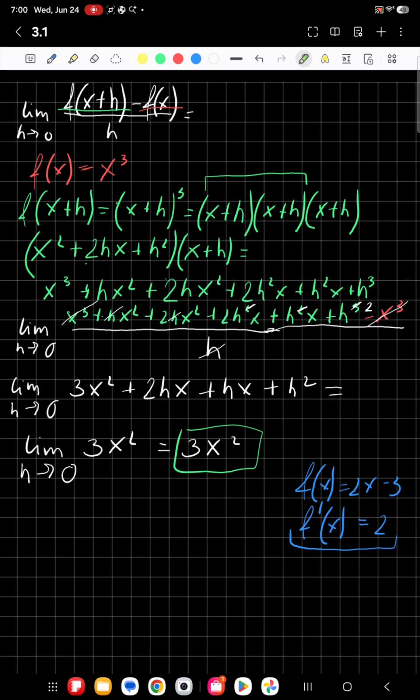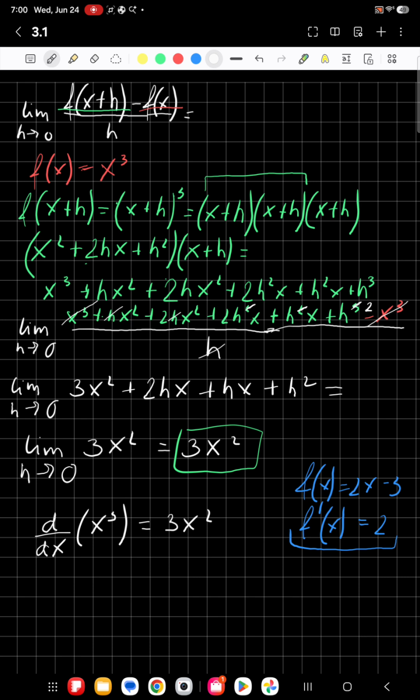Okay, so let me just write it maybe in a different way. So derivative with respect to x of x cubed equals 3x squared.